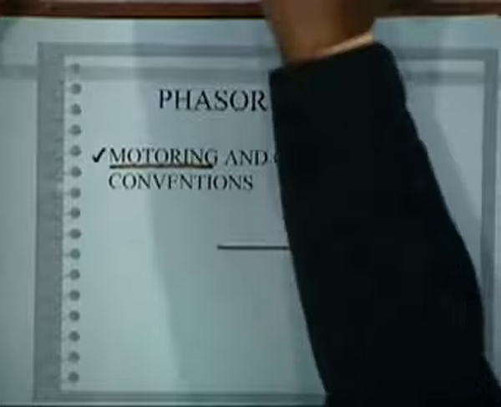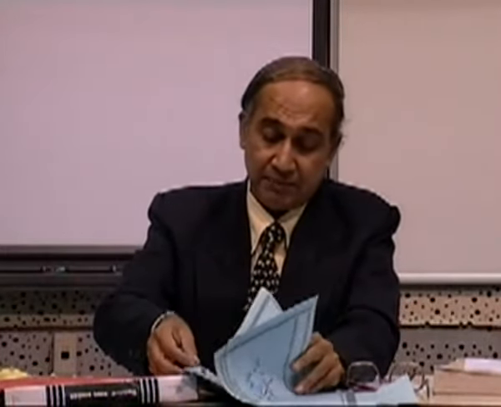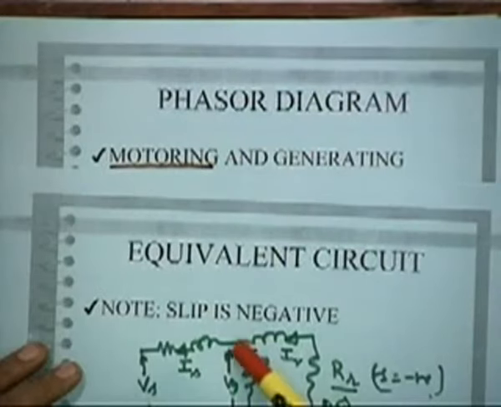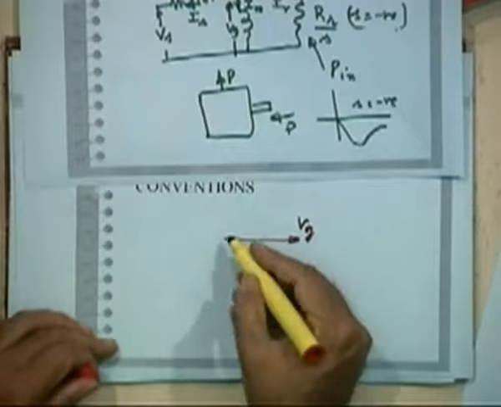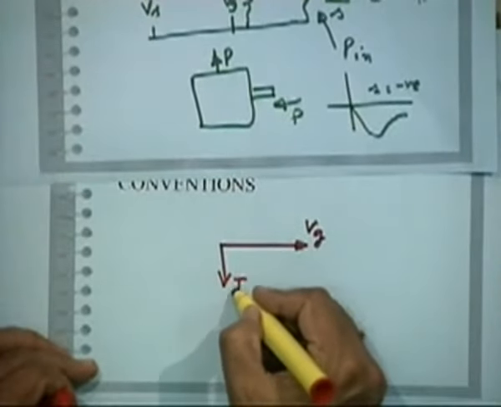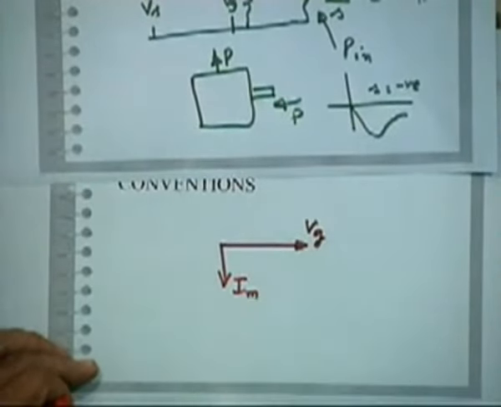If we look at that phasor diagram, this air gap voltage Vg will draw IM, right?